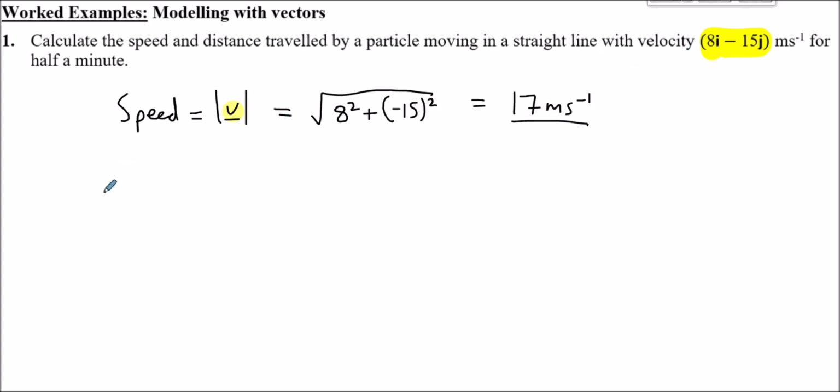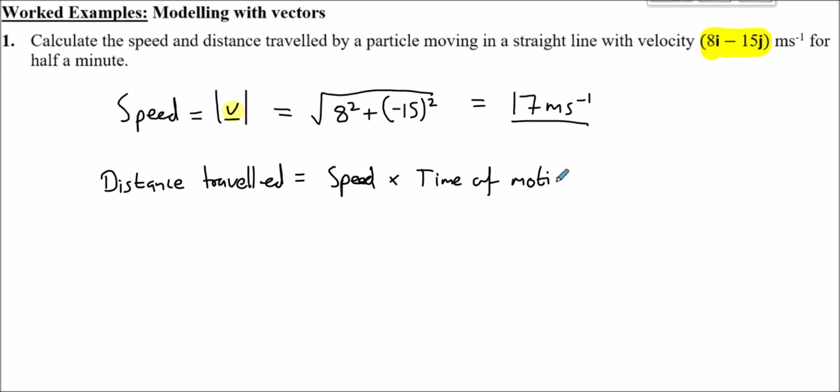And the distance travelled is given by a formula. So distance travelled equals speed multiplied by the time of motion. So the speed is 17 because you worked out the speed from the magnitude of the velocity.